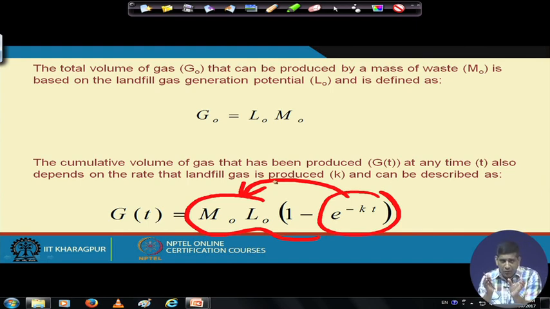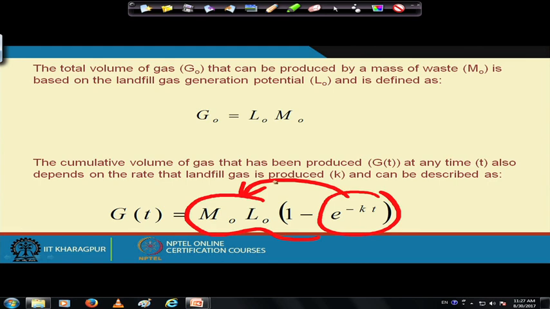So the total amount minus the gas still to be produced gives you the gas which is already produced. Again, I will repeat it: the total amount of gas that can be produced minus the amount that will still get produced is the amount of gas already produced, from the waste which has already decomposed.